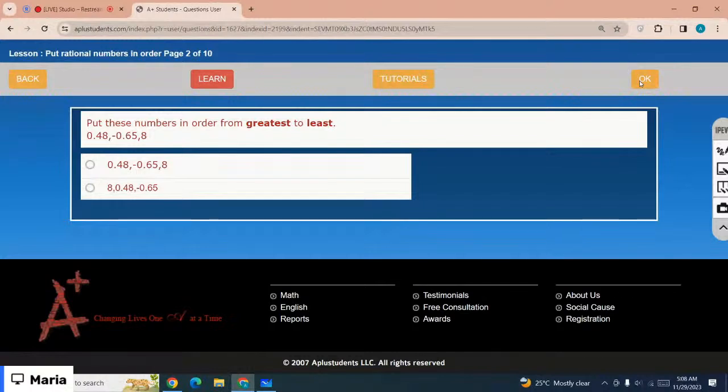The others you have are 0.48 and 8. So 8 is the greatest one. Then you have 0.48, and the least one is negative 0.65. The correct option is the second one: 8, 0.48 and negative 0.65.